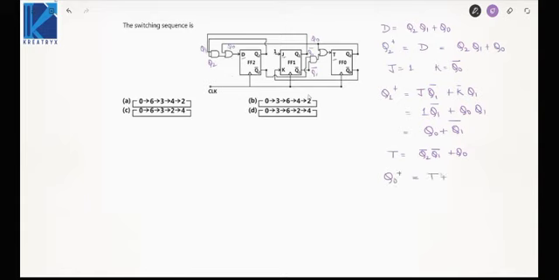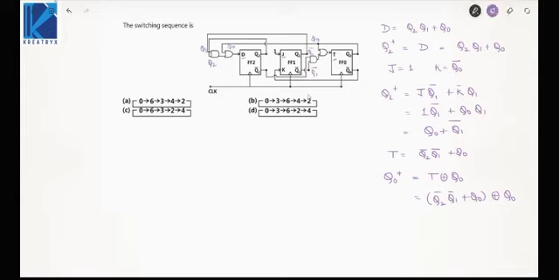It is T XOR Q0, Q2 bar, Q1 bar plus Q0 XOR Q0. Okay. That is Q2 bar, Q1 bar XOR Q0, or leave it as it is.